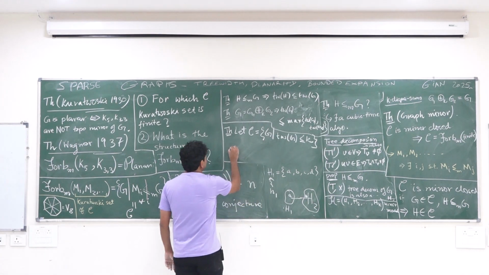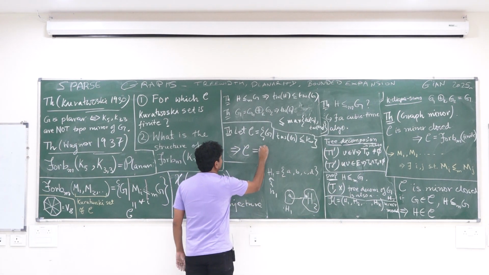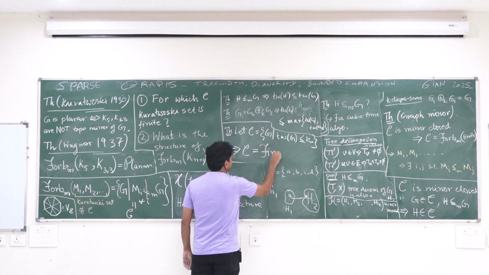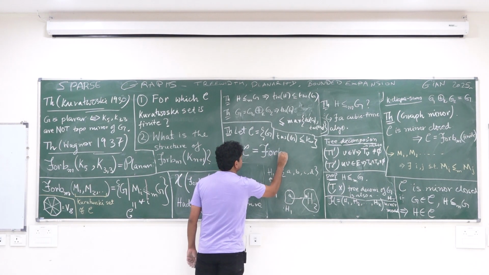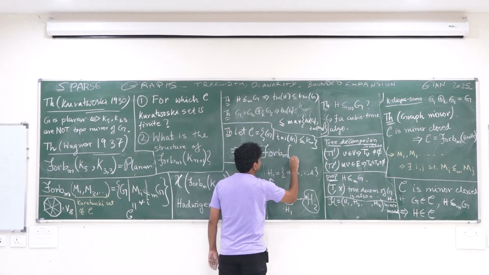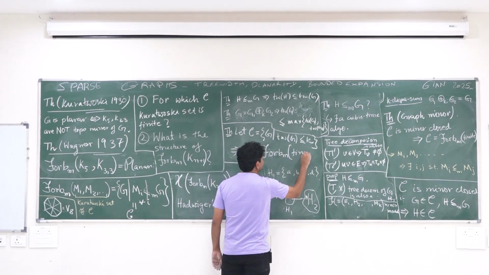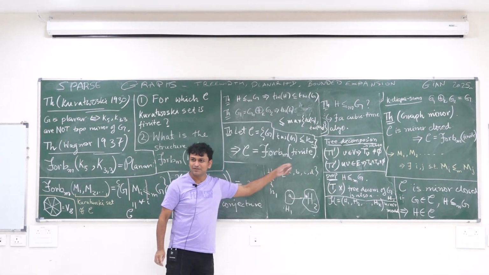Now using the graph minor theorem, what we can say is there are finitely many forbidden minors.